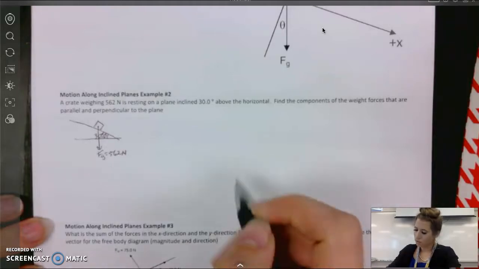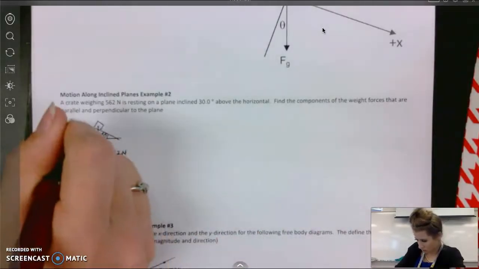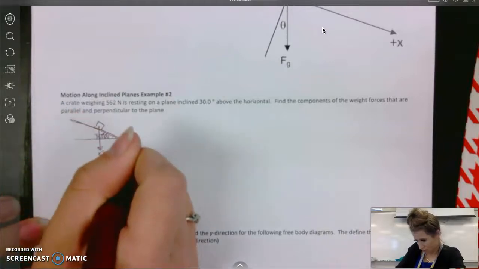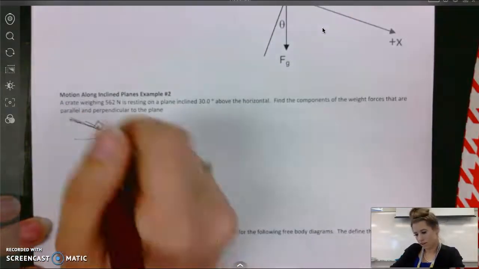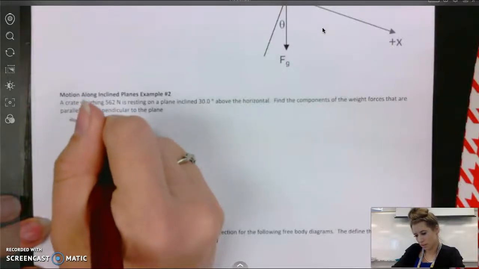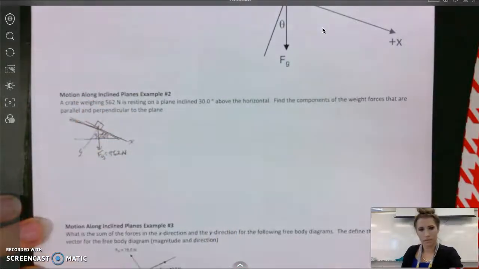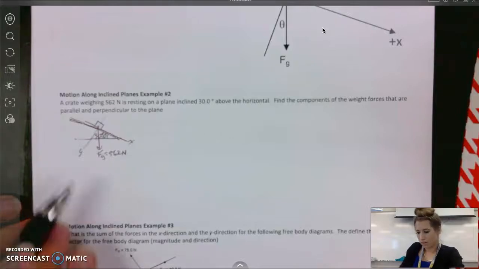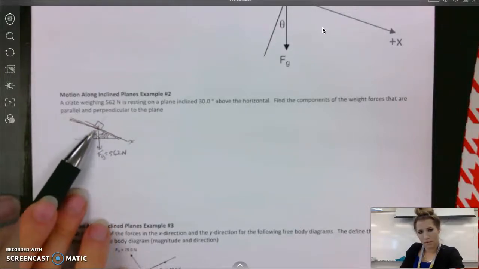Okay, so what that means is, if here's the plane, right? And then we have some normal force, and that's perpendicular, and here's the x, here's the y. Okay, this would be parallel to the plane, and that would be perpendicular to the plane.